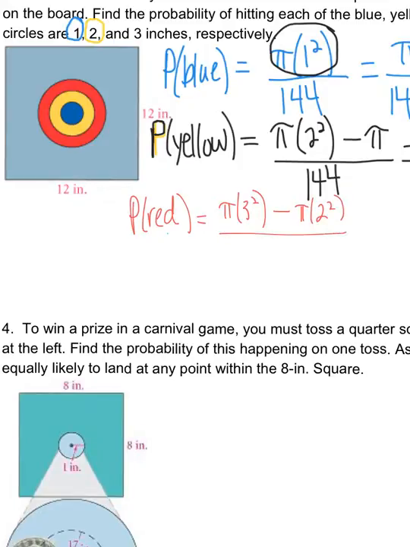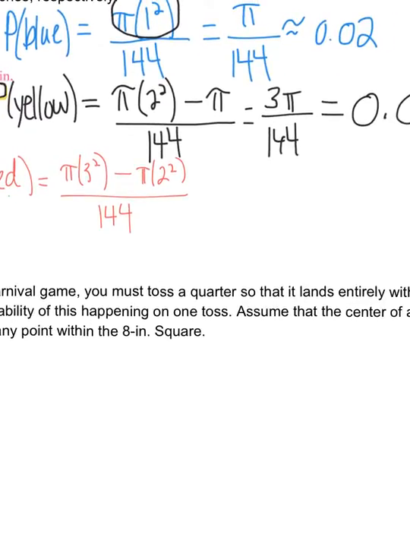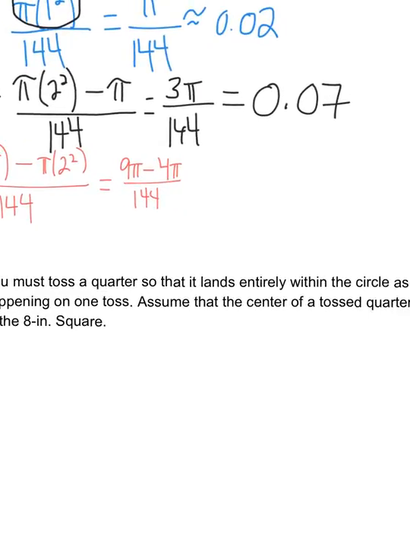And again, that's all going to be over 144. If I do some simplification in my numerator, I get 9 pi minus 4 pi all over 144. If I keep doing subtraction and simplification, I get 5 pi over 144. Again, using my calculator, 3.14 for pi, I'm doing 3.14 times 5. In my numerator, I get 15.7 divided by 144, which is 0.12 if I round.